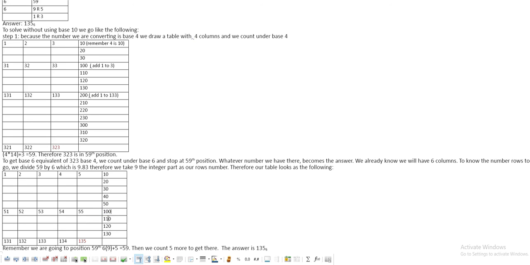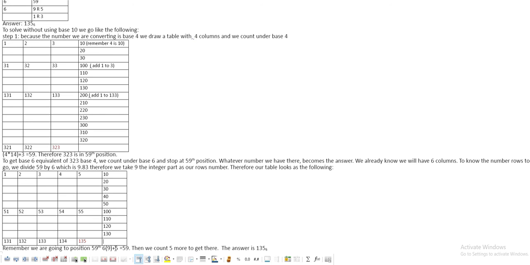So you continue your counting 110, 120, 130. Then you do not need to write 140 because that will be taken to the 60th position, so you don't have to get there.